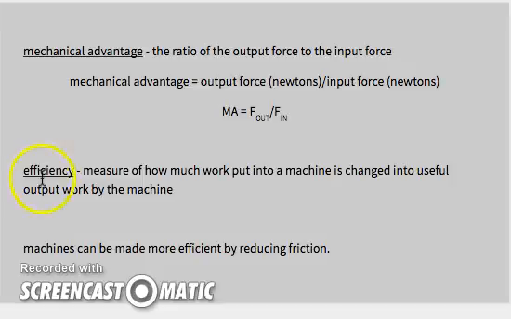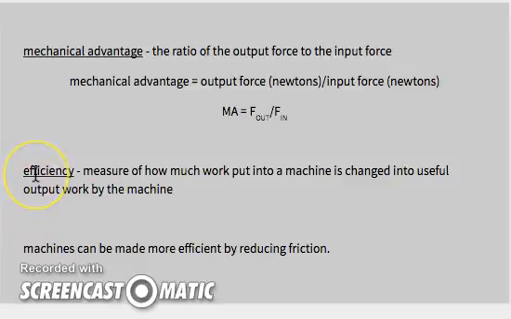Next we have efficiency. If we were to ask ourselves how efficient am I when it comes to doing my work, we would have to ask how much of the work we put in is changed into useful output work by the machine.